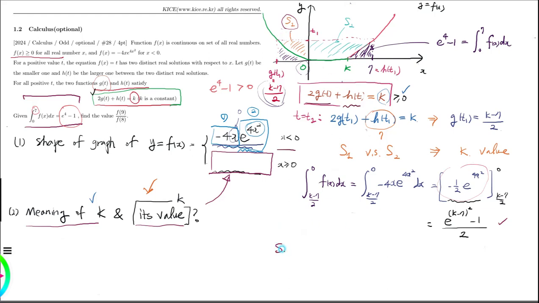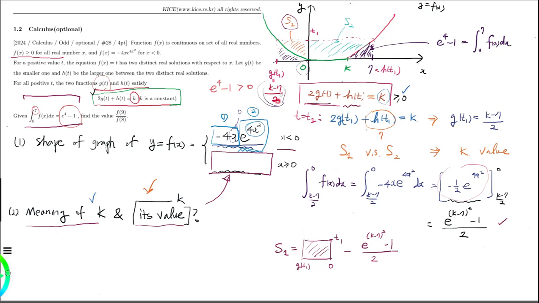So the area S sub 1 is the area of the whole rectangle here. G of t1, its origin, its y value is t1. The whole area minus this value, e to the, I'm sorry, in Korea we first write its denominator part, so this value.